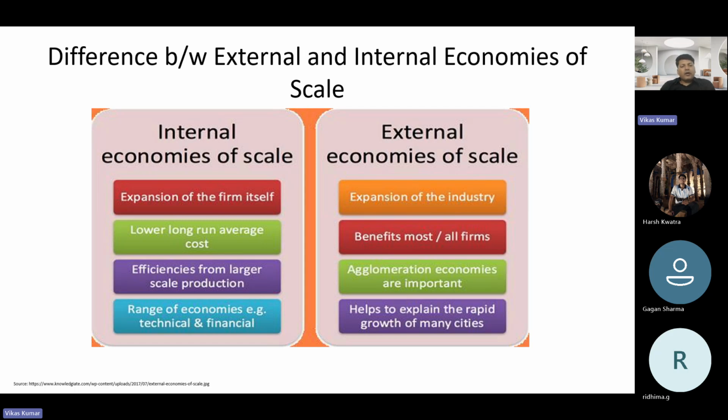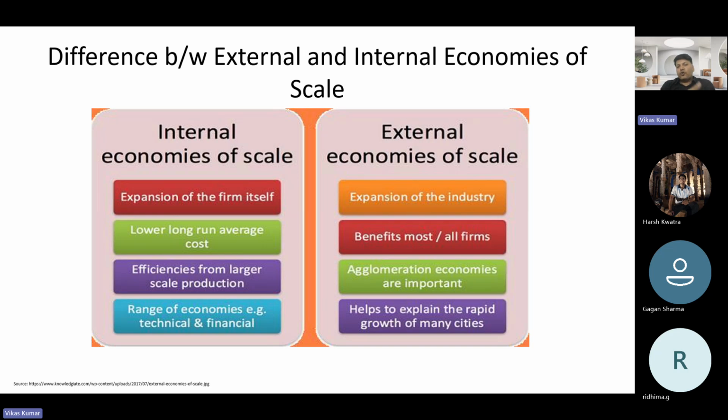Internal economy of scale has a range of economies, like we have discussed: technical, financial, risk-bearing, managerial, and production economies. The external economy of scale helps to explain the rapid growth of many cities because of the economic concentration.